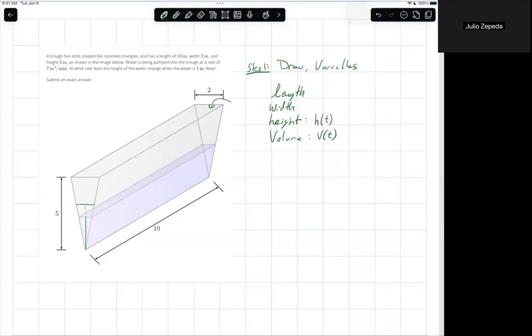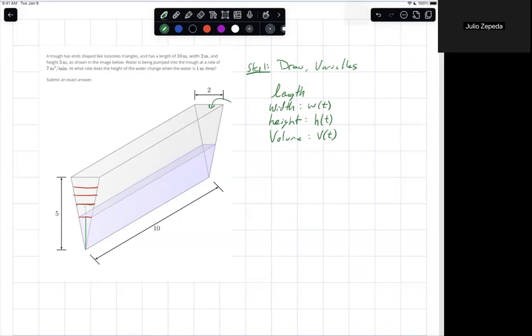So the height is a function of time. The width is measured, there's two here, that's the width of the trough, but the width of the water, I'll mark it in red here, is also going to increase as time goes on. The width of the water is a function of time, so we'll call it W of t.